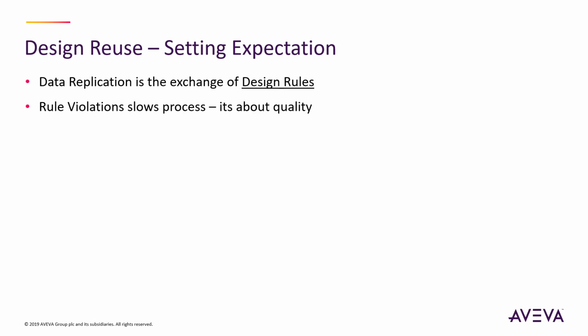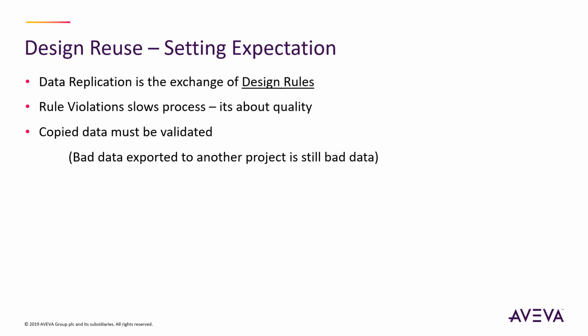And this means that it's a lot about the quality of the original data. We really need to check the original data to validate it before we take that through into the new system. Of course, what we mean by this is bad data exported to another project is still bad data, so we want to avoid that as much as possible because it's going to be a bit of a headache to make any sense of that.